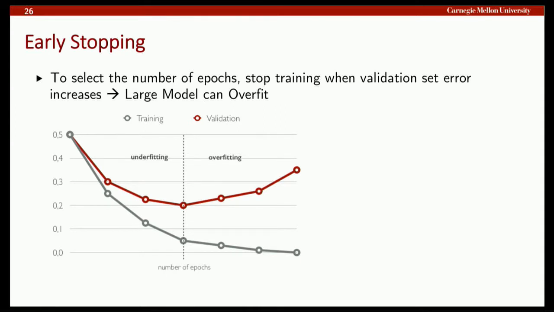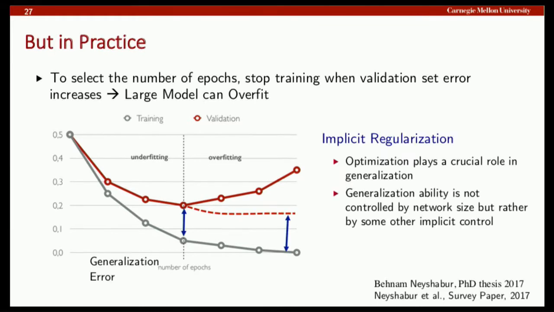There is a lot of recent work, just in the last few years, on so-called implicit regularization. The idea is that we don't have a very good understanding of it. It's not like textbook regularization, and we don't have a really good understanding of those effects. It seems that optimization plays a crucial role in generalization.